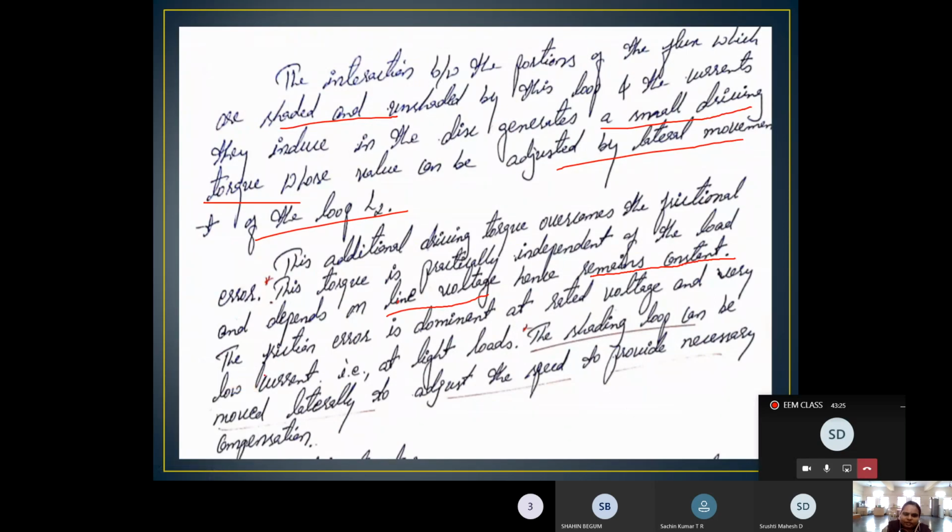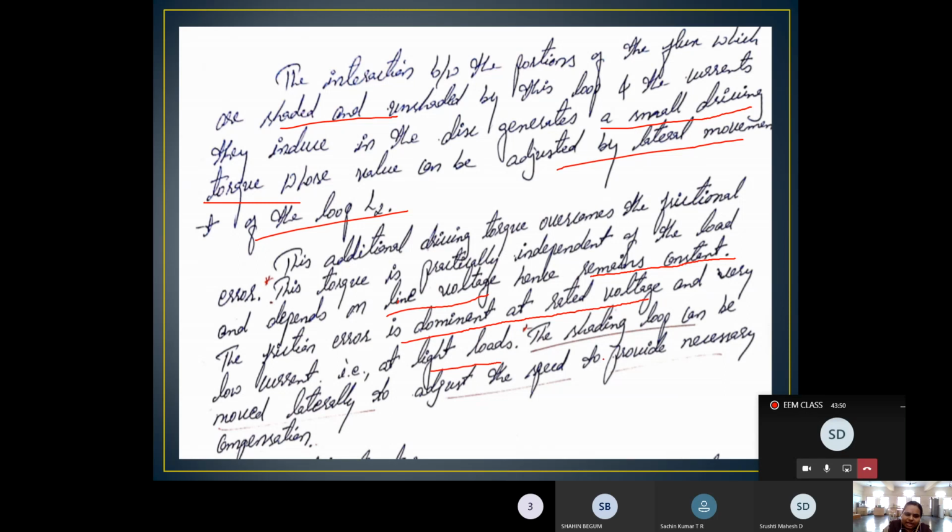Next, the friction error is dominant at the rated voltage and very low current, that is, low current at light loads. It depends on the rated voltage and very low current when a load is connected, based on how much load is connected. For light loads, it will not be depending.